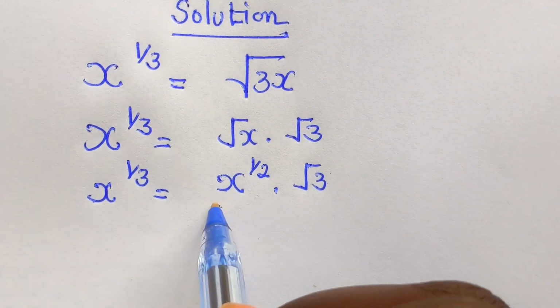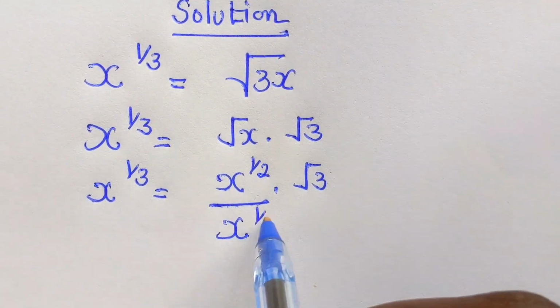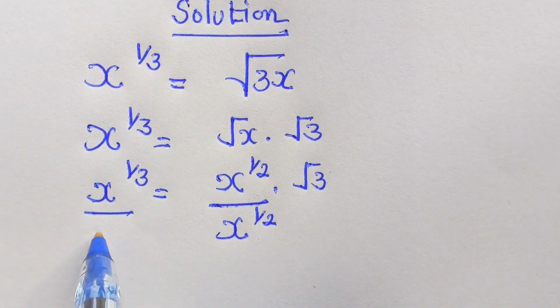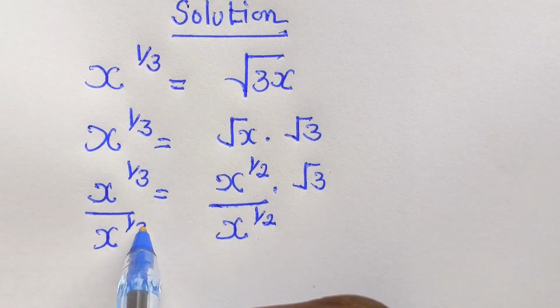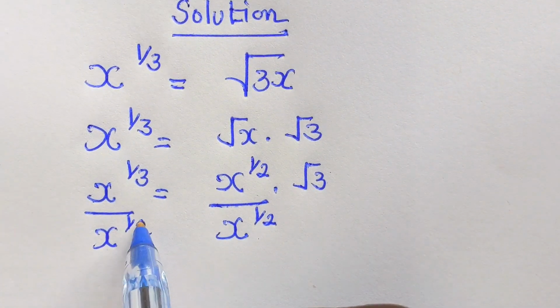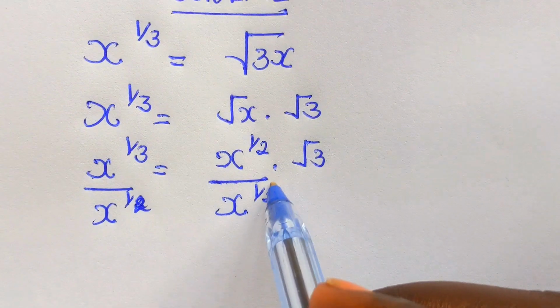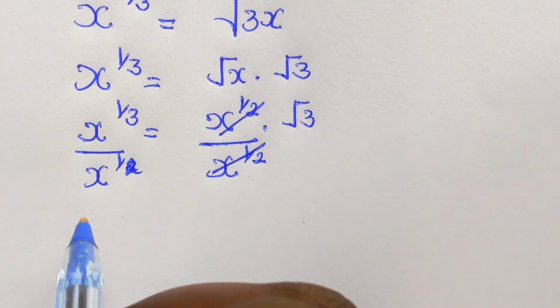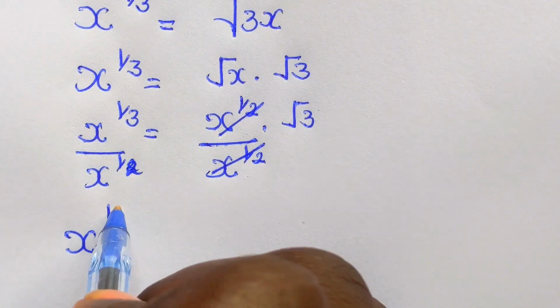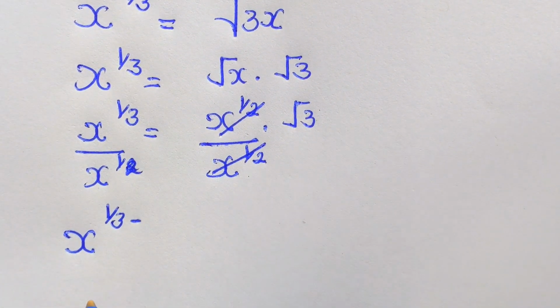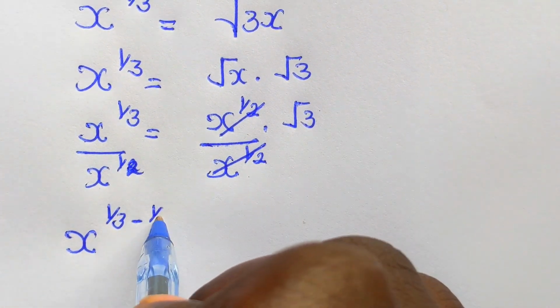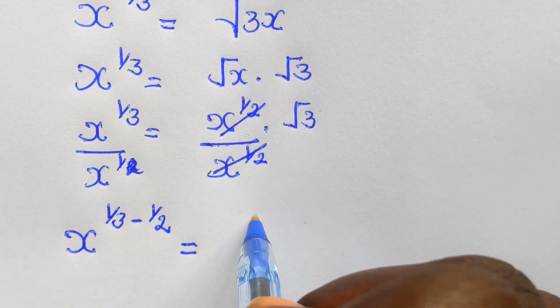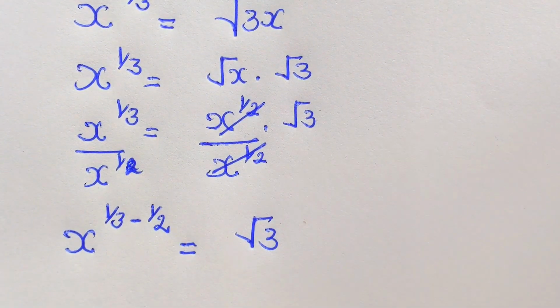And we shall divide both sides by x power 1 over 2. This simplifies to x power 1 over 3 minus 1 over 2 equals the square root of 3.